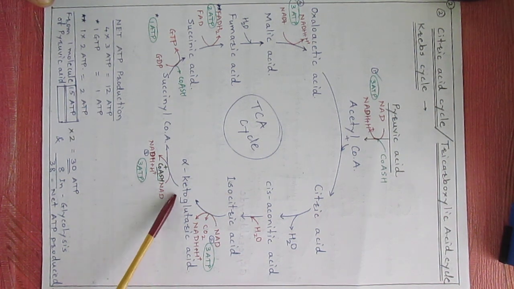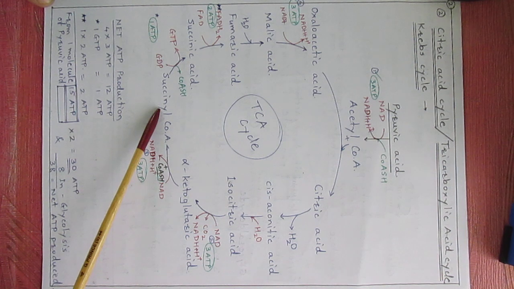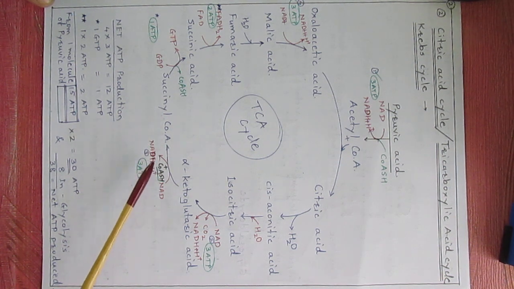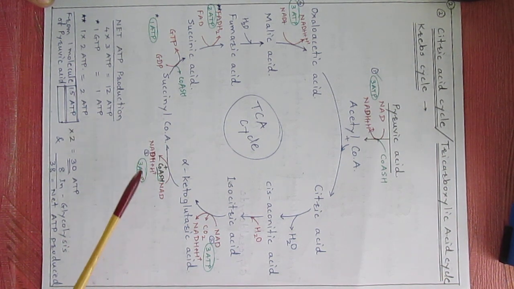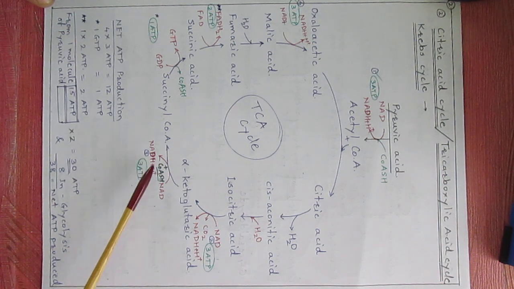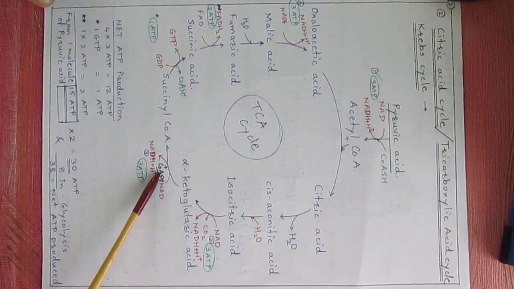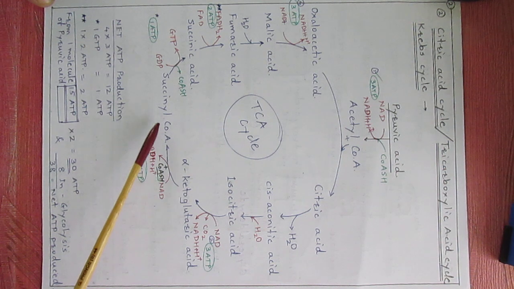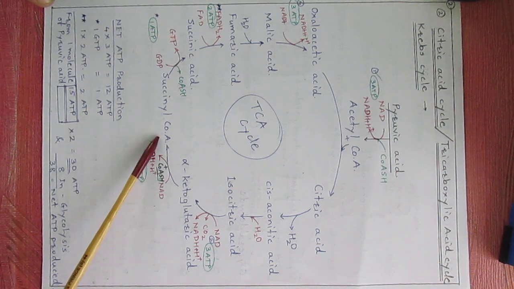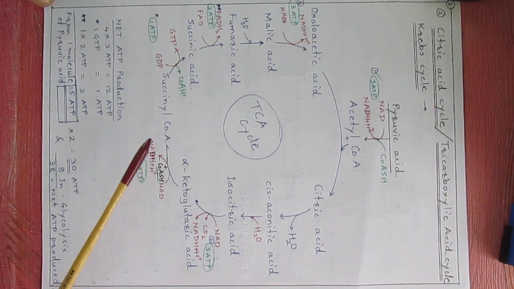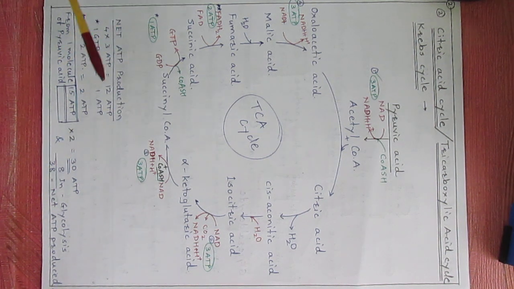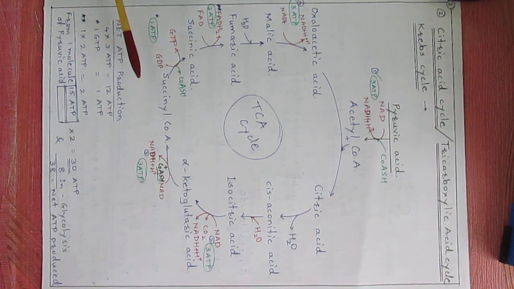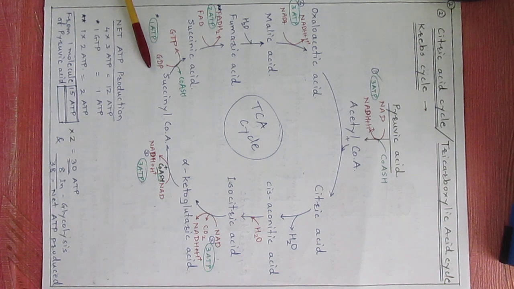From this alpha ketoglutaric acid, succinyl coenzyme A is formed. Here again NAD is converted into NADH2, and coenzyme A group is attached to this. Therefore, there is formation of succinyl coenzyme A. Again, from this succinyl coenzyme A, a phosphate group is removed out.